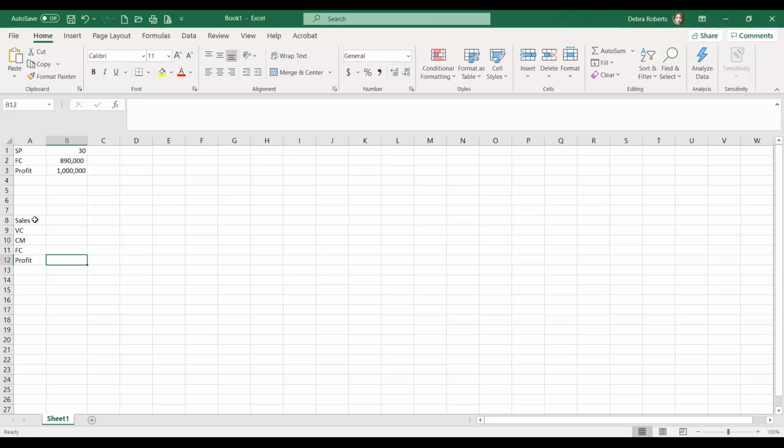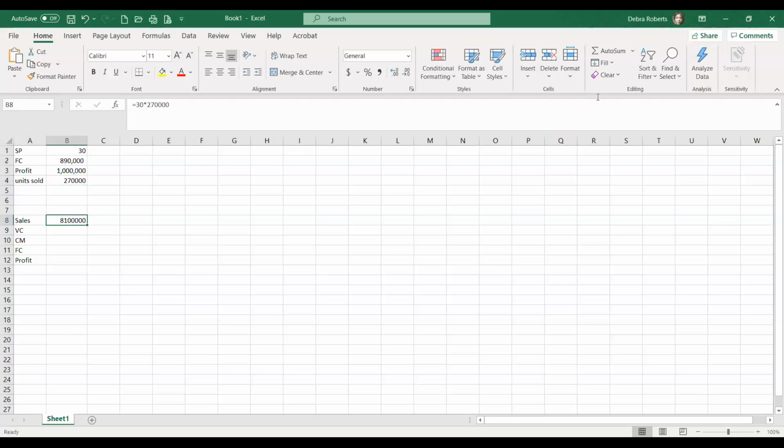Now I'm not going to use Excel for calculating because I have to back into it. I don't know what my variable cost is, and I'm trying to compute that. So if I say my sales is going to be $30 times the 270,000 units, and I'm going to put on here units sold, 270,000. So far, so good.